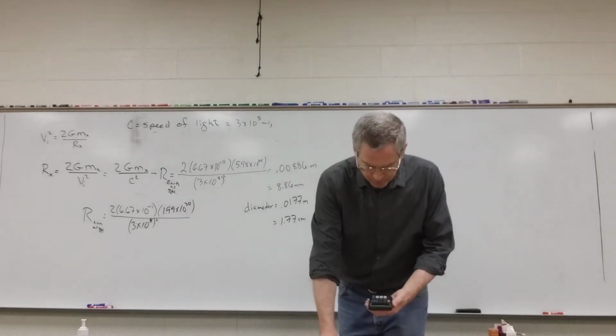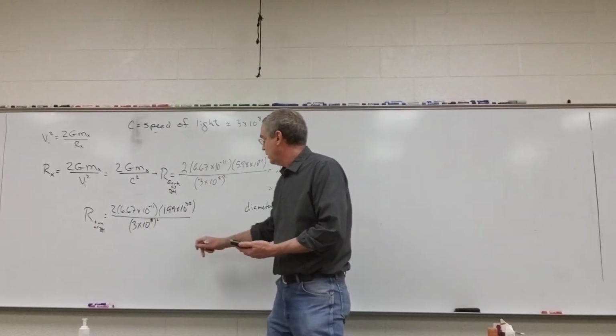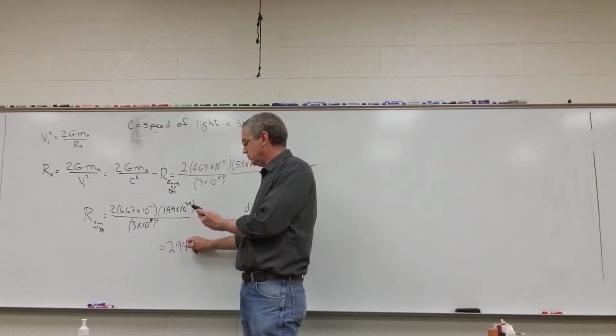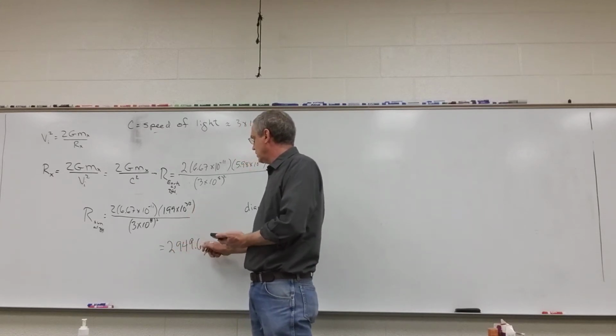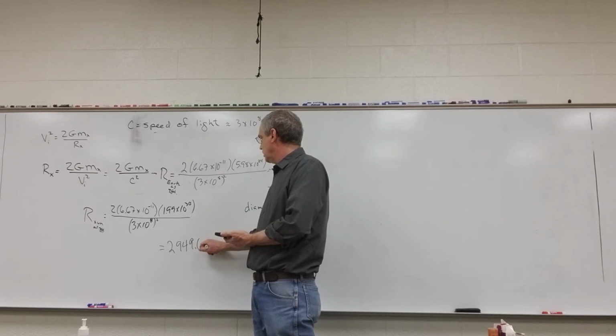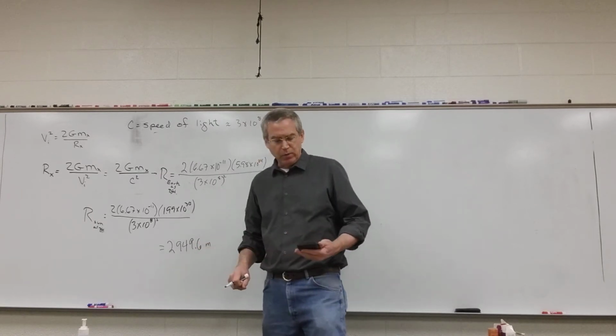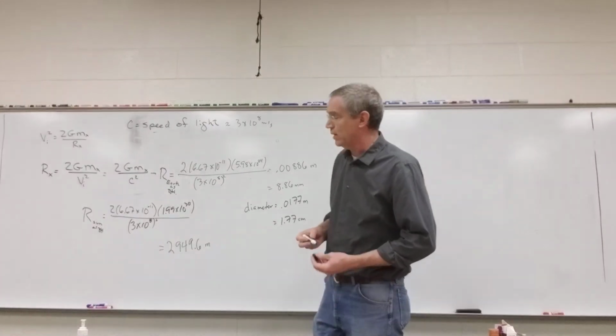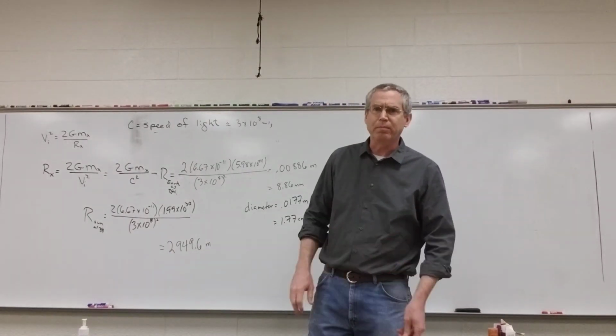And what we end up with is 2949.6 meters. In other words, a little under 3 kilometers. If the sun shrunk down to something a little less than 3 kilometers, it would be a black hole.